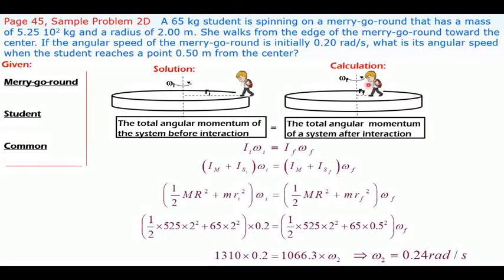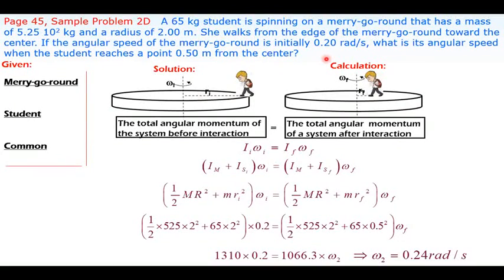You can easily predict that. Because moment of inertia decreases as you approach the center, angular speed must increase. So you will calculate an angular speed greater than 0.20, something like 0.24 or 0.25.